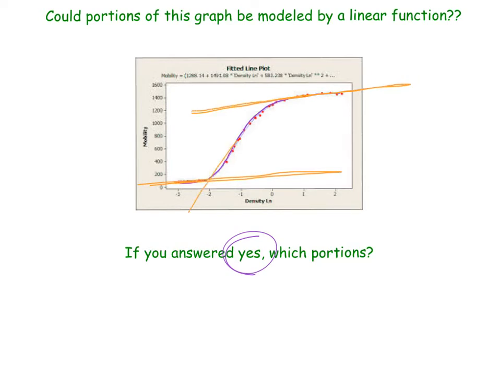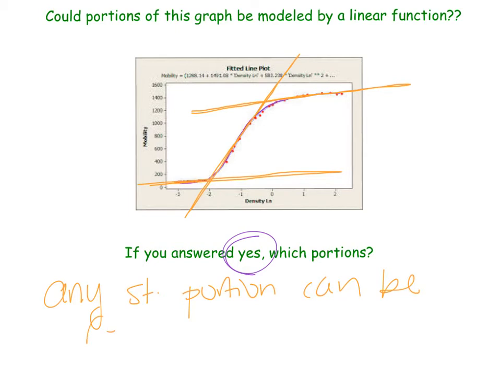We could make just this middle linear. And so any of the straight portions, any straight portion can be represented as linear. So even though the graph as a whole is nonlinear, there are bits and pieces that could be a linear function.